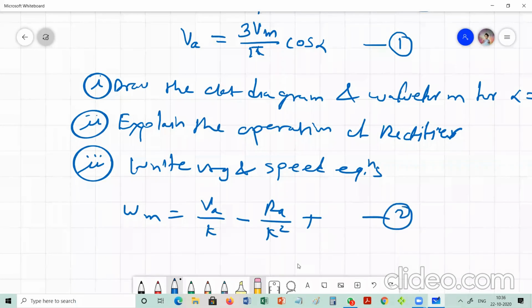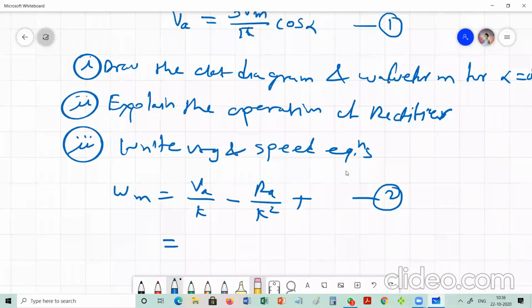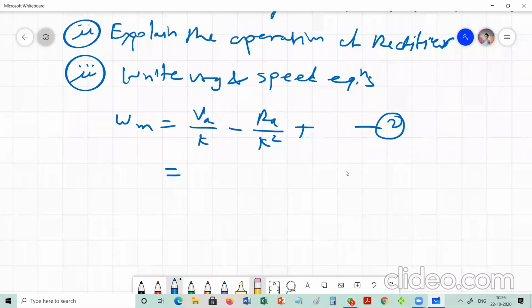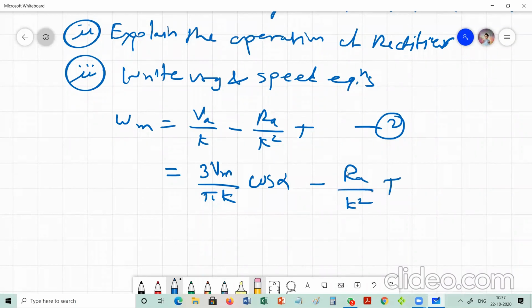So the speed will be equal to 3Vm/(pi k) into cos alpha, divided by k, minus the second term which remains the same, Ra/k^2 into T. This is the speed equation.